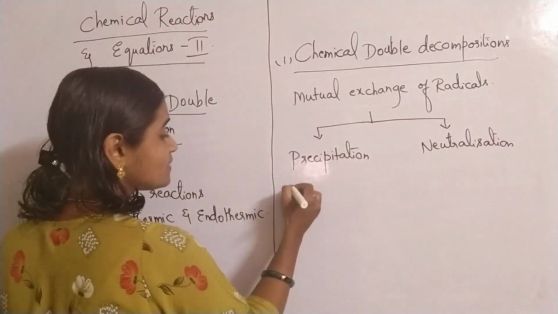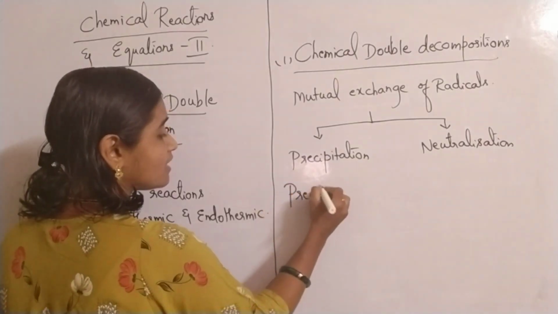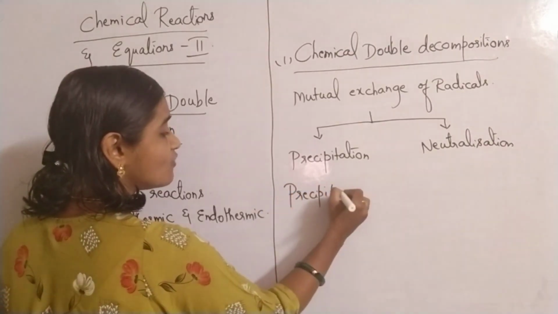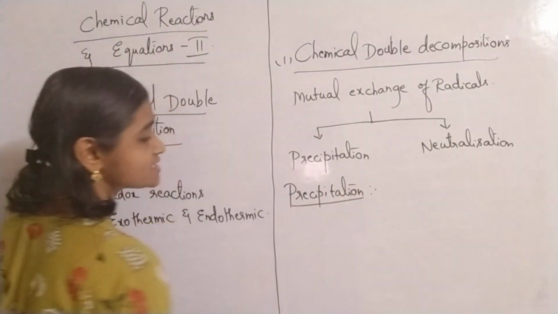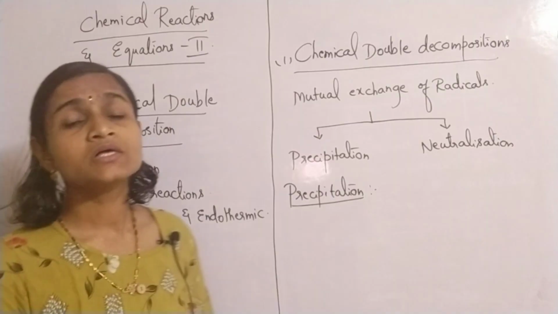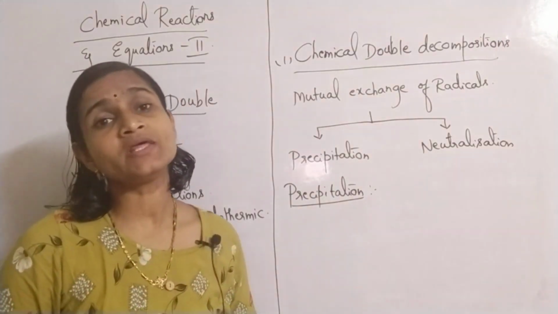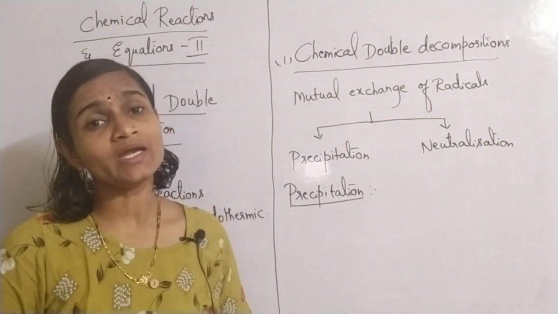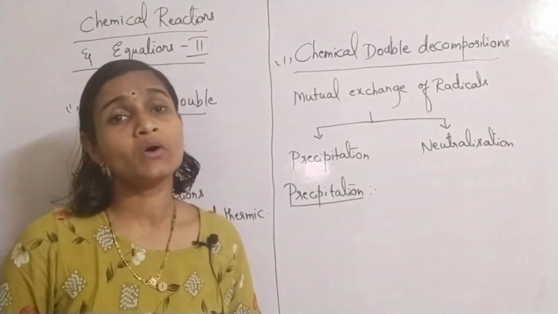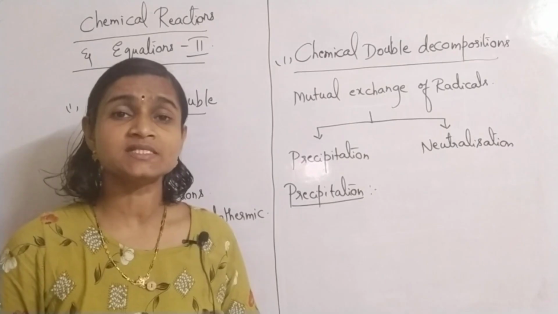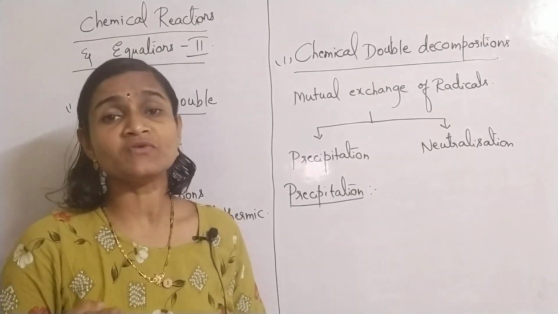So what are precipitation reactions? These are reactions in which a precipitate is formed. Aqueous solutions of two salts are mixed with each other, which results in the formation of an insoluble solid substance that settles down at the bottom of the test tube.